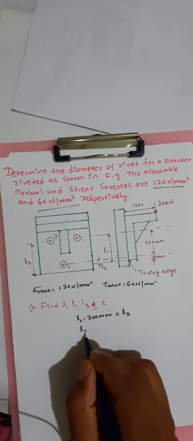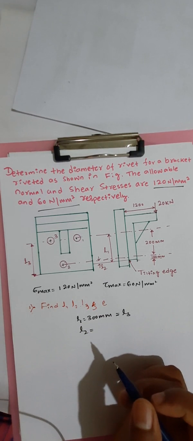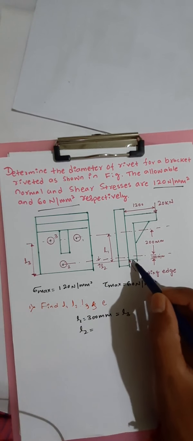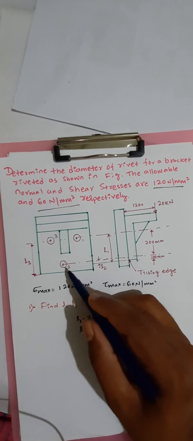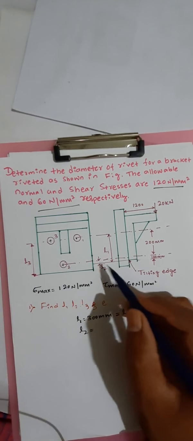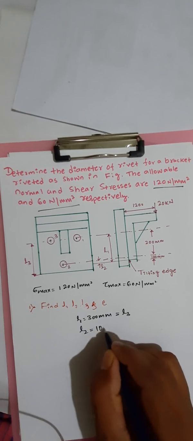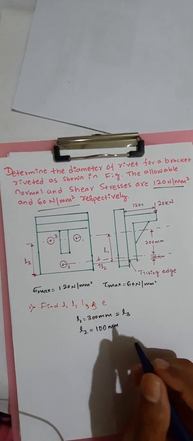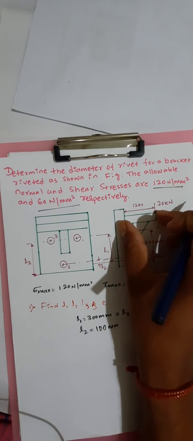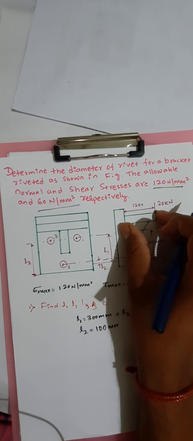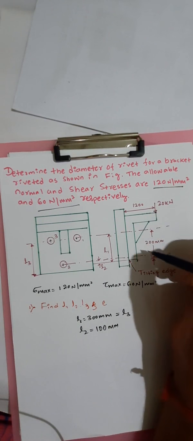Next we need to find L2, the distance of rivet 2 from the tilting edge. This is the tilting edge and this is rivet 2, so L2 is 100 mm. Next we need to find the value of E. The value of E is the eccentricity, defined as the distance of the load from the tilting edge.